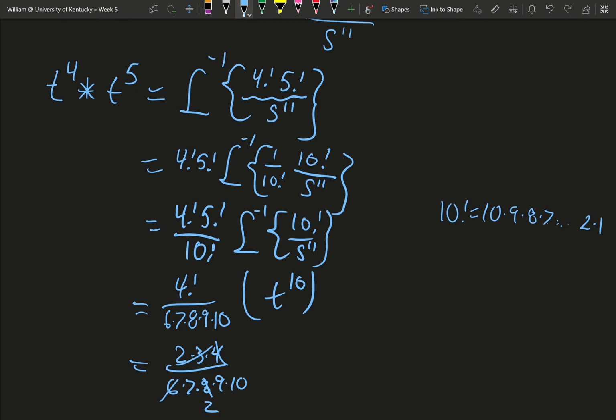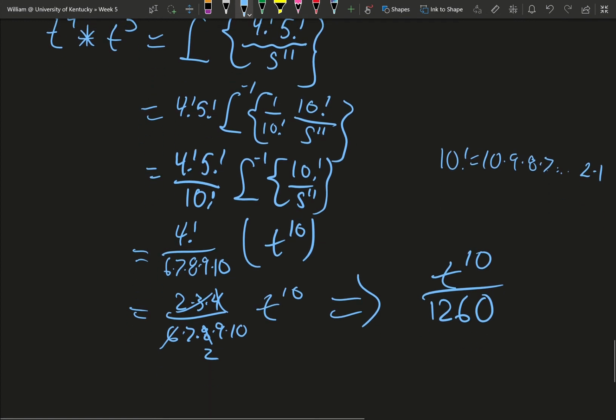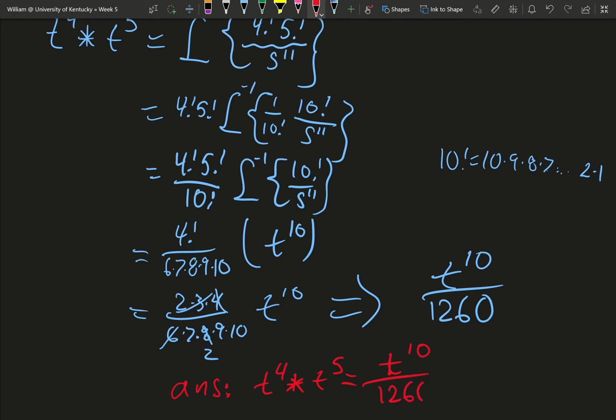So I get 7 times 2 times 9 times 10, and so I get t to the 10th over 1,260. And so my answer for t to the 4th convolved with t to the 5th is t to the 10th over 1,260.